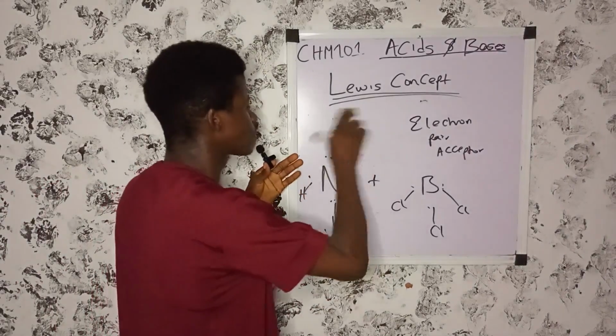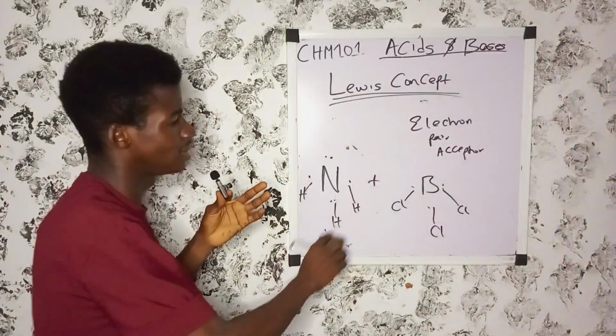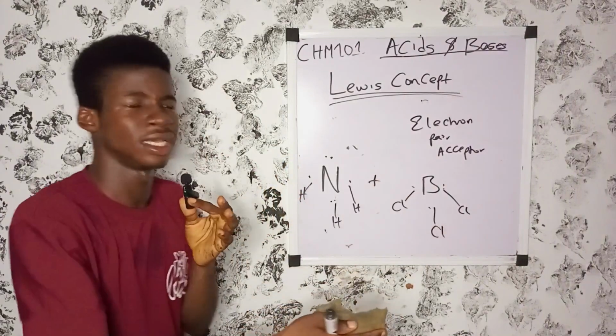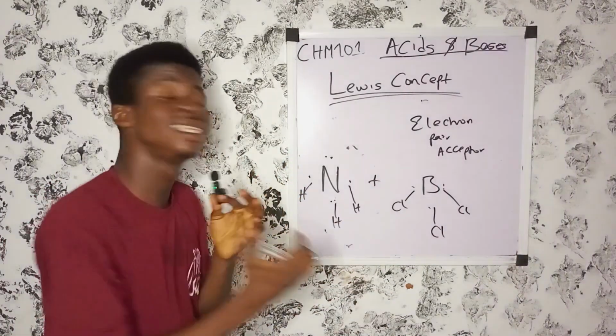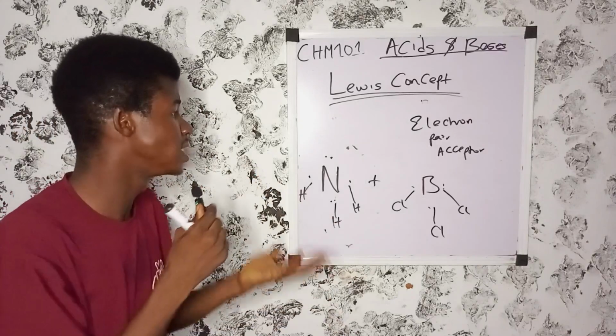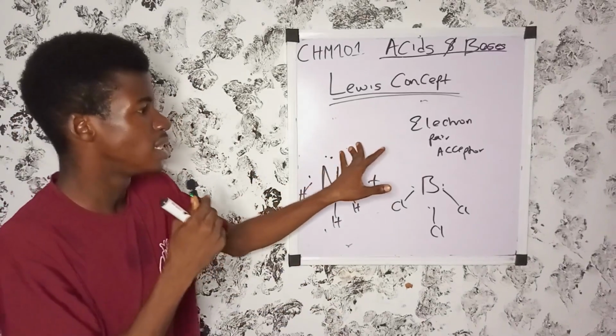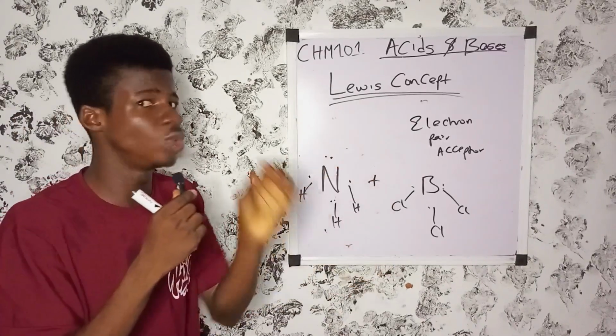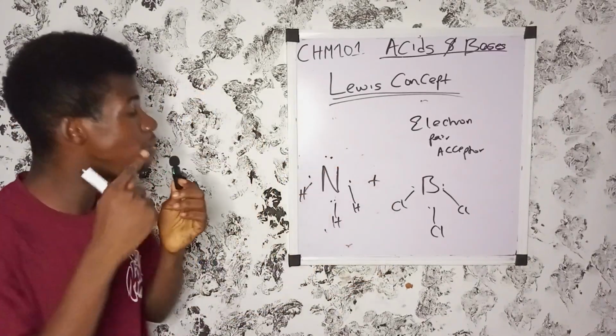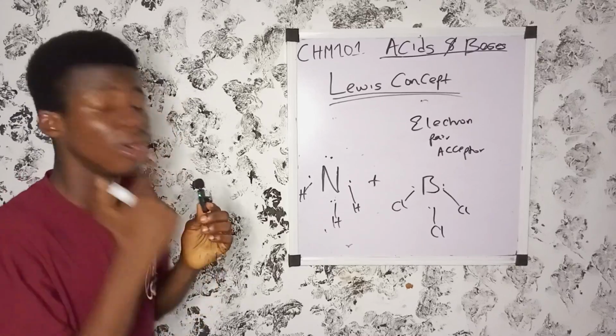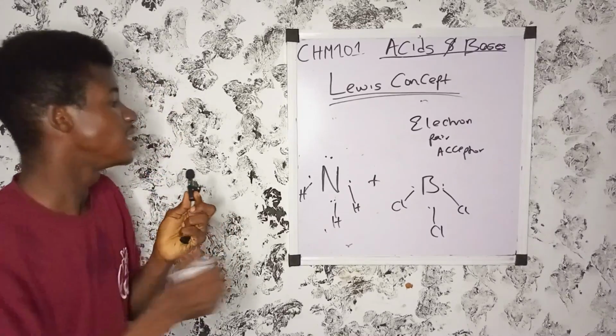So this is ammonia reacting with boron trifluoride. Now, which of these is the Lewis base and which is the Lewis acid? A Lewis base is a base that would donate a pair of electrons.